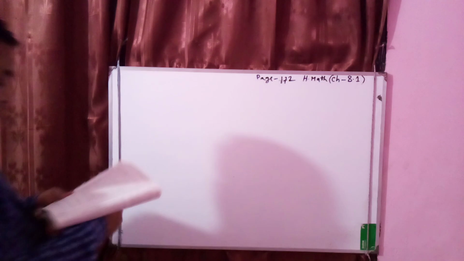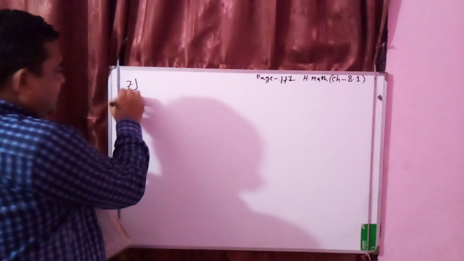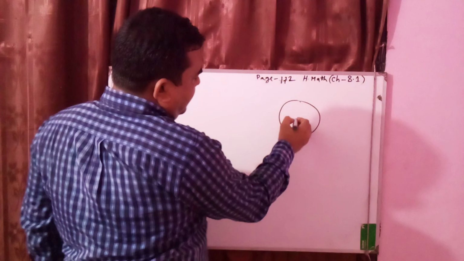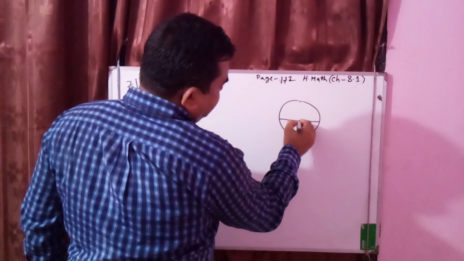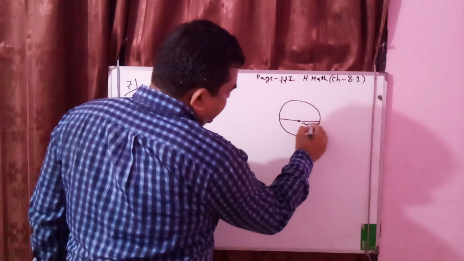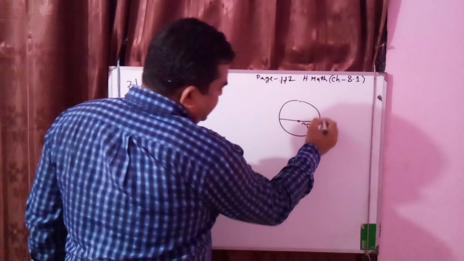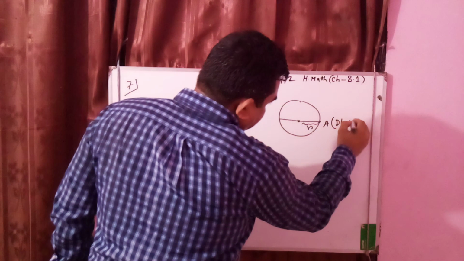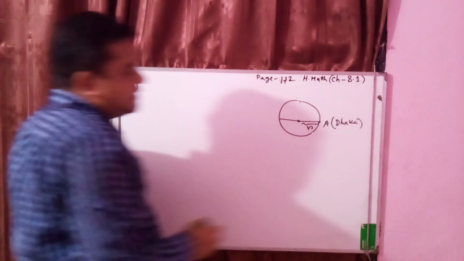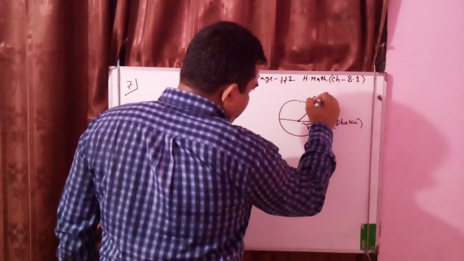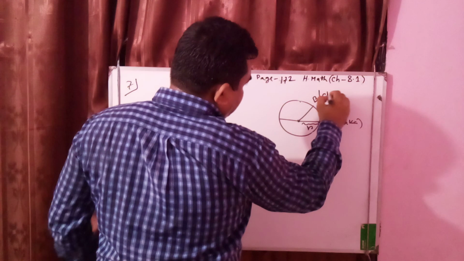Number 7: first we draw a circular region where this is the diameter and this is the center. So this is the radius, we denote it r. Let this position A be Dhaka, and this angle produces B, which is Chittagong.